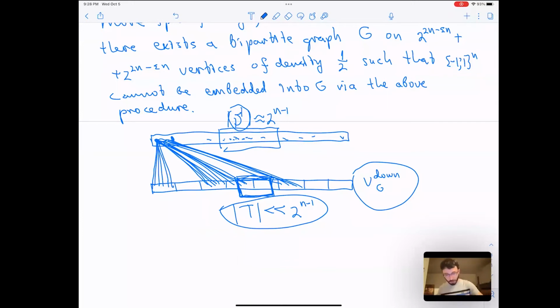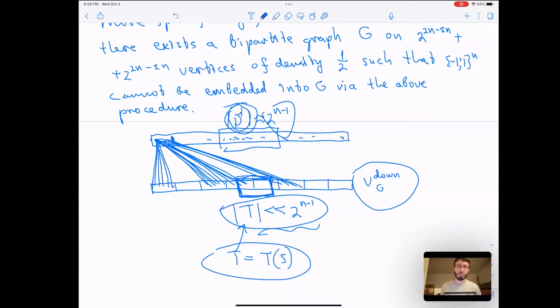T here is a function of S, right? T should be viewed as a function of S. But the point is, for any set S in the upper half, the vertex set of this cardinality, there exists T much smaller than 2 to the n minus 1, such that essentially all common neighborhoods are confined within T. So no embedding is possible. Okay, thank you.